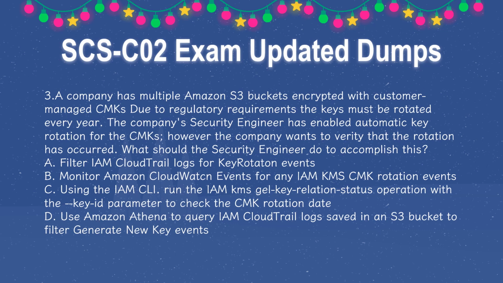B. Monitor Amazon CloudWatch events for any AWS KMS CMK rotation events. C. Using the AWS CLI, run the AWS KMS get-key-rotation-status operation with the key-id parameter to check the CMK rotation date. D. Use Amazon Athena to query AWS CloudTrail logs saved in an S3 bucket to filter generate new key events.